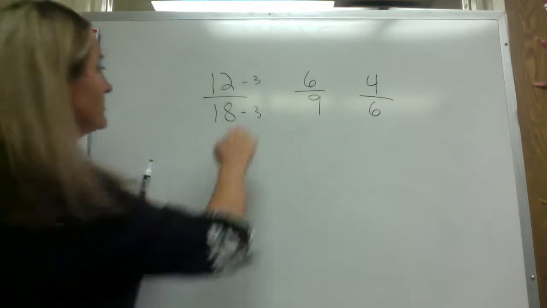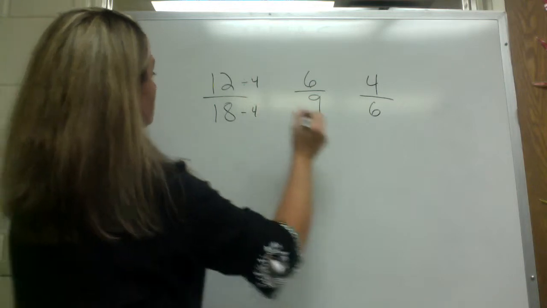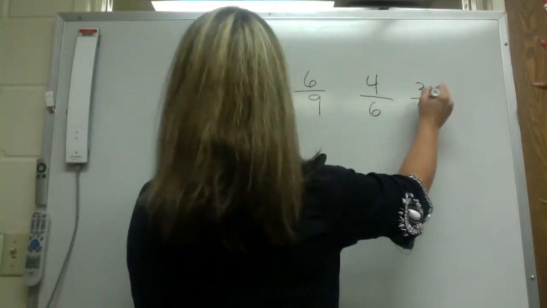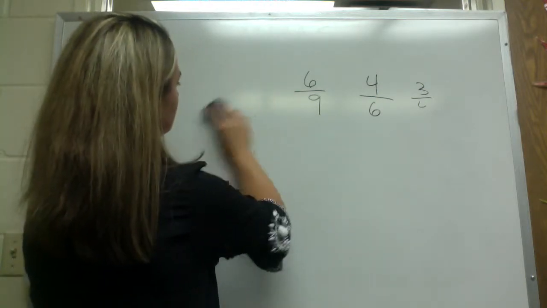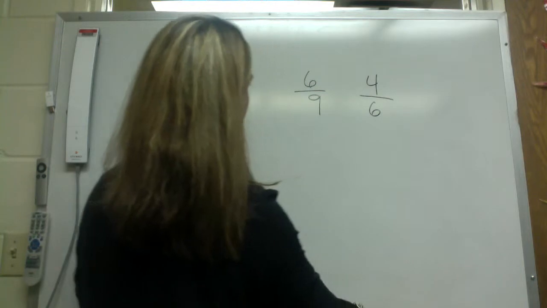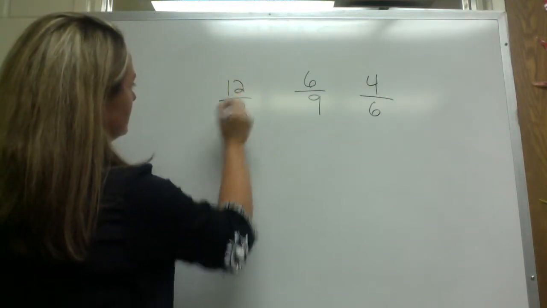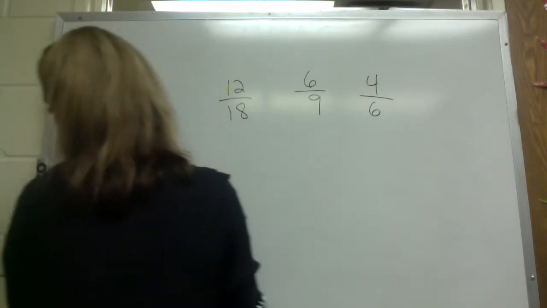I could even do this one. They're both divisible by 4. So that would be 3. No, they're not divisible by 4. What am I doing? Oh, hold on. I think I did something wrong. 12, 18. Oh, I know.